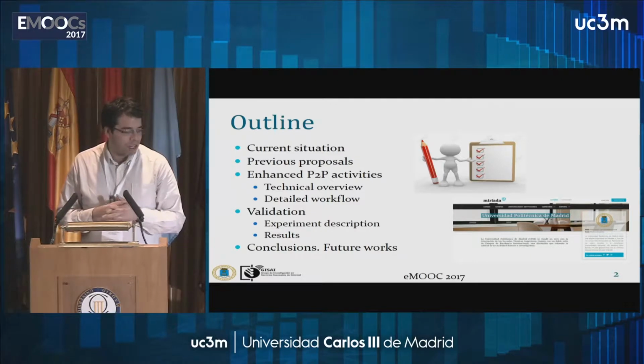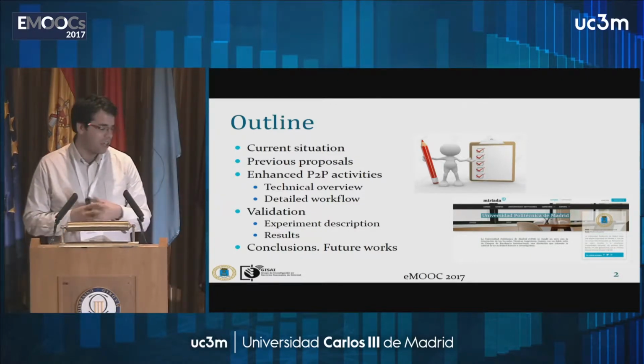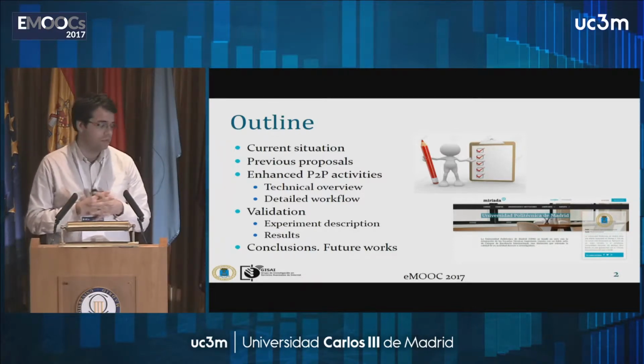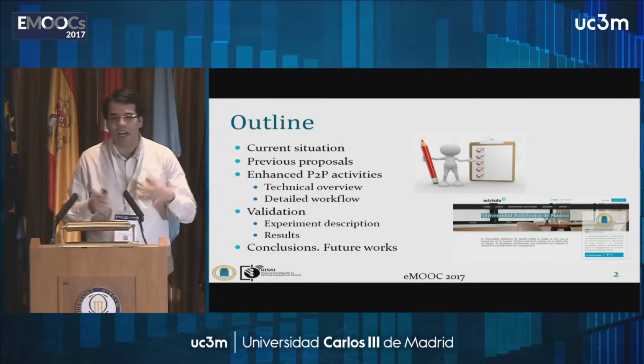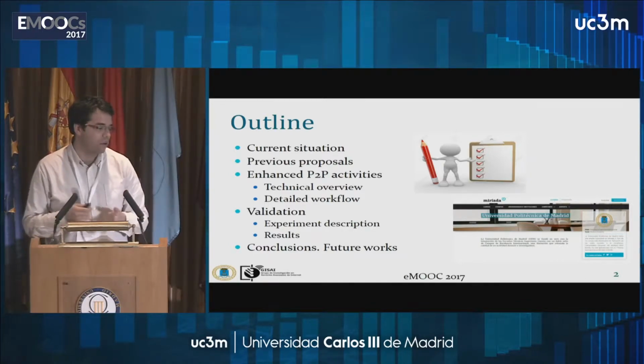In the third part, we are explaining the particular proposal. And finally, we are explaining the experimental validation we carried out with, as I said, a beta platform. It's not one of these really known platforms like edX or MiriadaX in Spain.